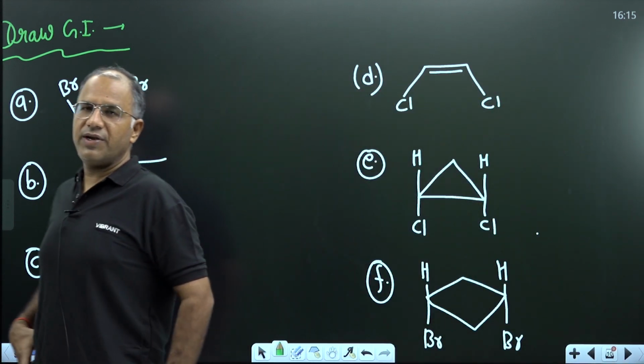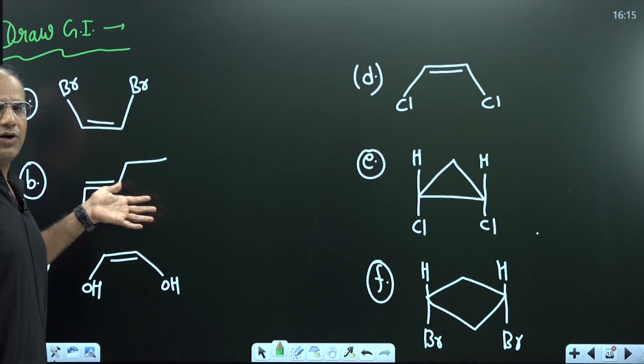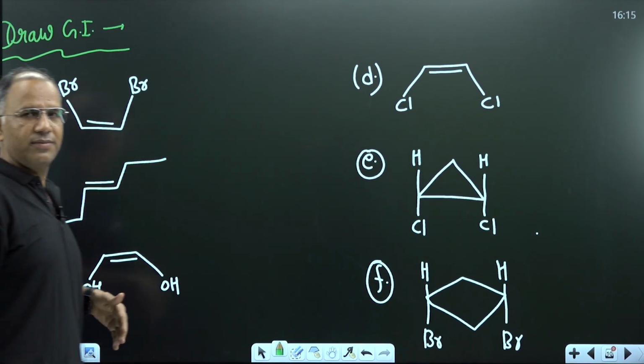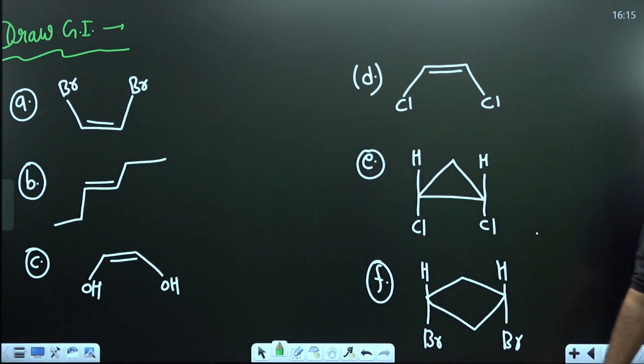You have to draw geometrical isomers. One of the isomers is given, it may be cis or trans, and you have to draw the other isomer. Pause the video and try these examples.